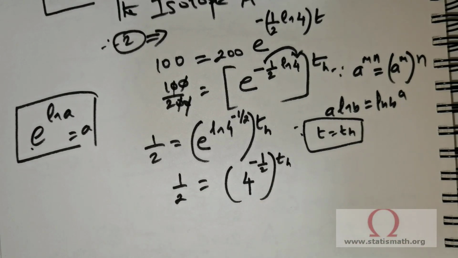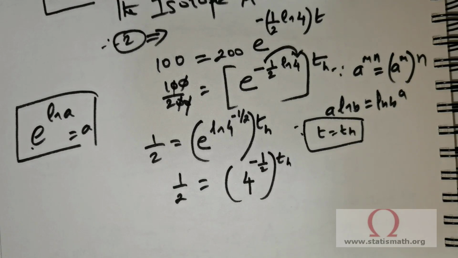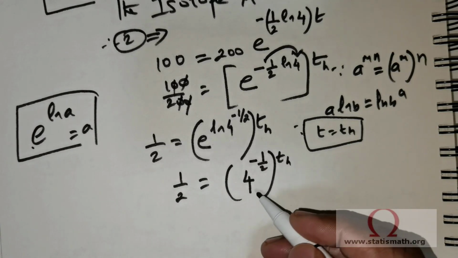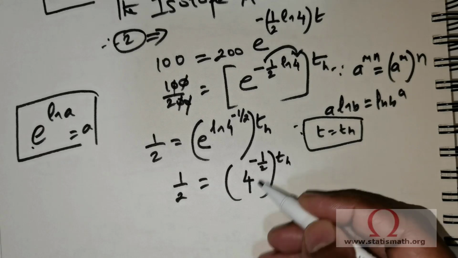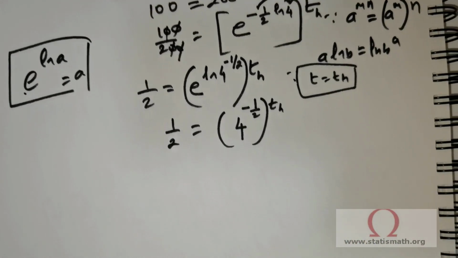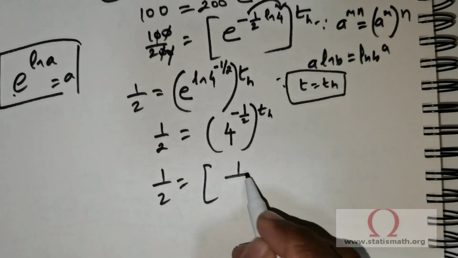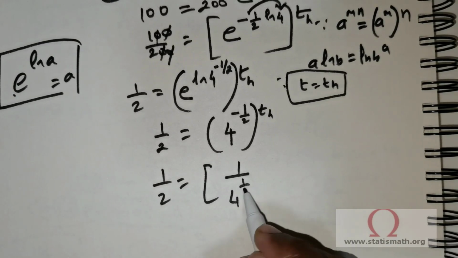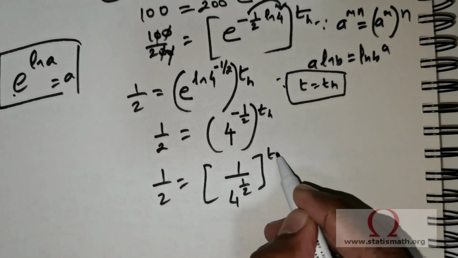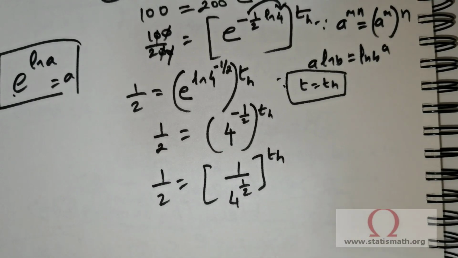This is what I get. Now, in fact, I can rewrite this as 1 over 2 is equal to 1 divided by 4 raised to the power 1 over 2, and that is raised to the power th. I can rewrite it like this.